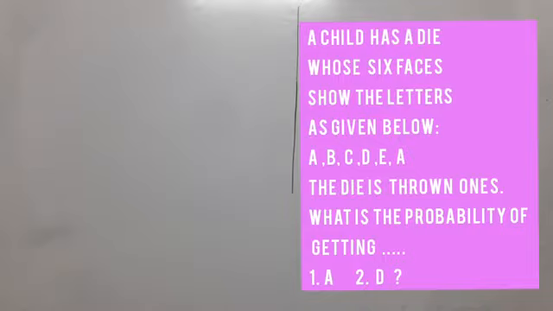A child has a die whose 6 faces show the letters as given below: A, B, C, D, E and A. The die is thrown once. What is the probability of getting first part A and second part D?